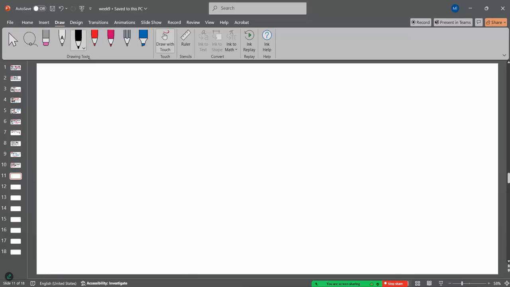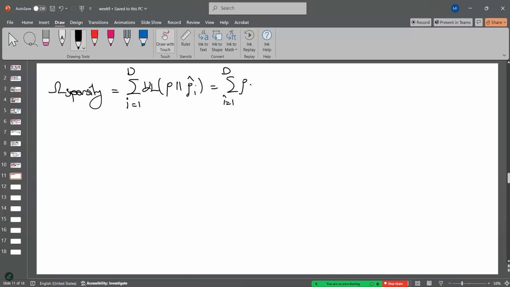Okay, the general sparsity rate formulation can be given by the sum from i equals 1 to D of KL of rho and rho i hat, and so that is rho log of rho over rho i hat plus 1 minus rho log of 1 minus rho over 1 minus rho i hat. Okay.